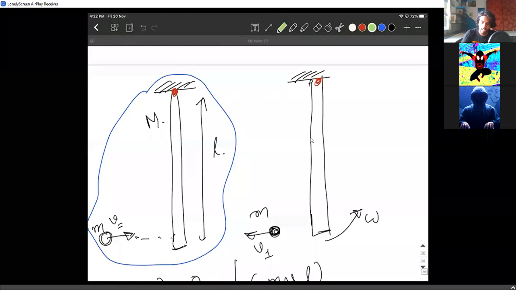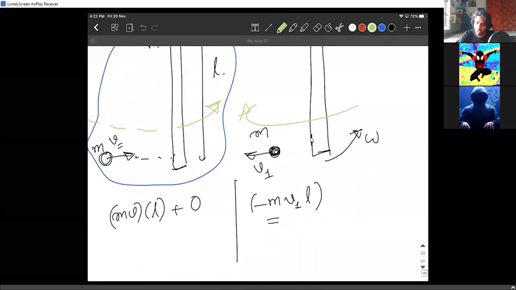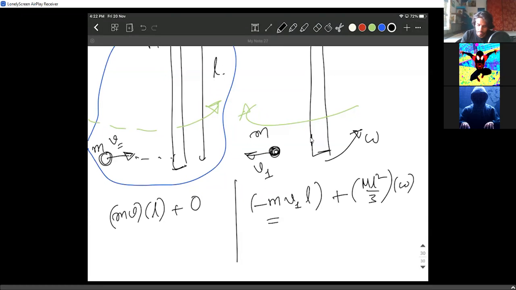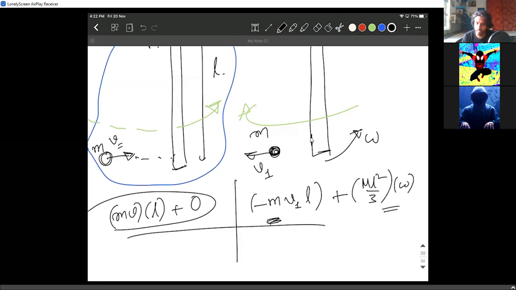Previously the angular momentum's direction for the particle was in this direction, now it is in this direction. For the rod, it is in the same direction, so it is plus I omega, that is plus ml square by 3 into omega. So you can happily equate this equation with that equation, but we are not done yet.